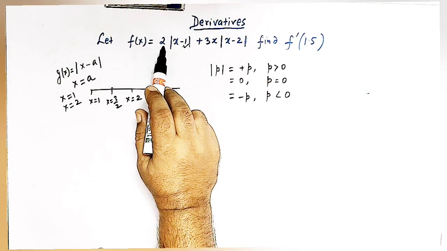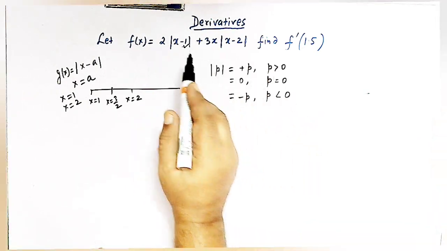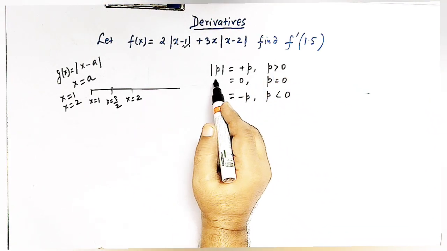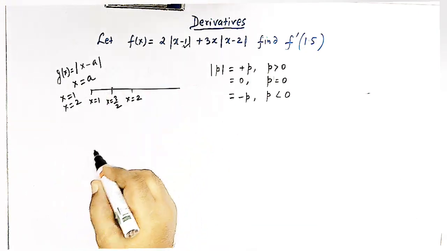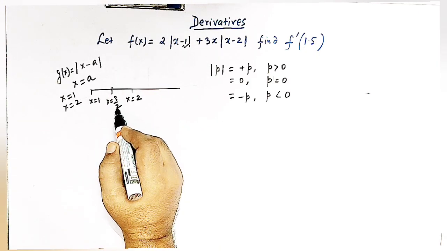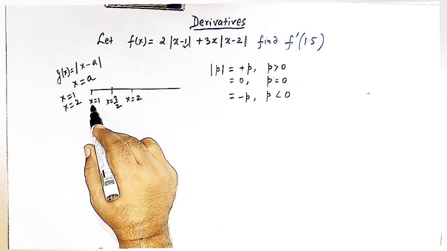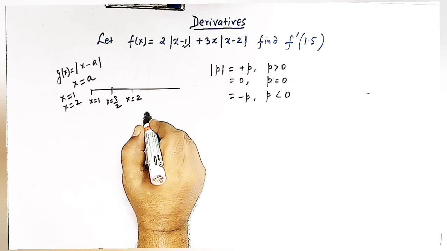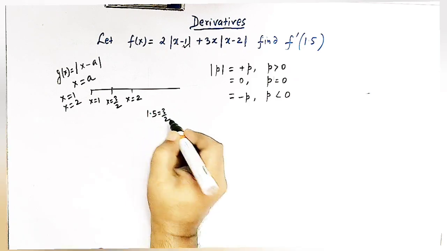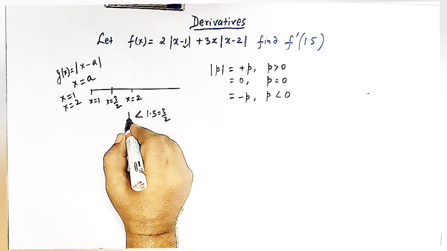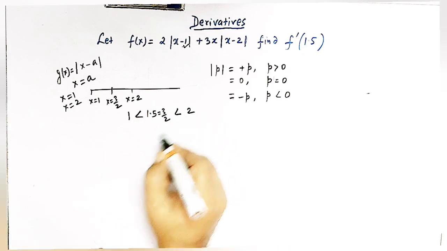So in this problem we are going to use this definition of a mod function to redefine this function f of x. Now x is equal to 3 by 2, it lies between 1 and 2. So we can now write 1.5, that is 3 by 2 is greater than 1, but it is less than 2.